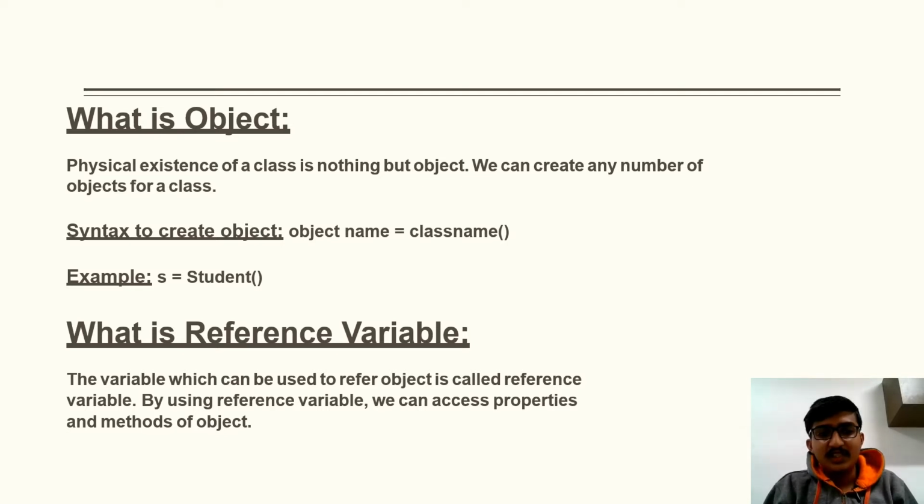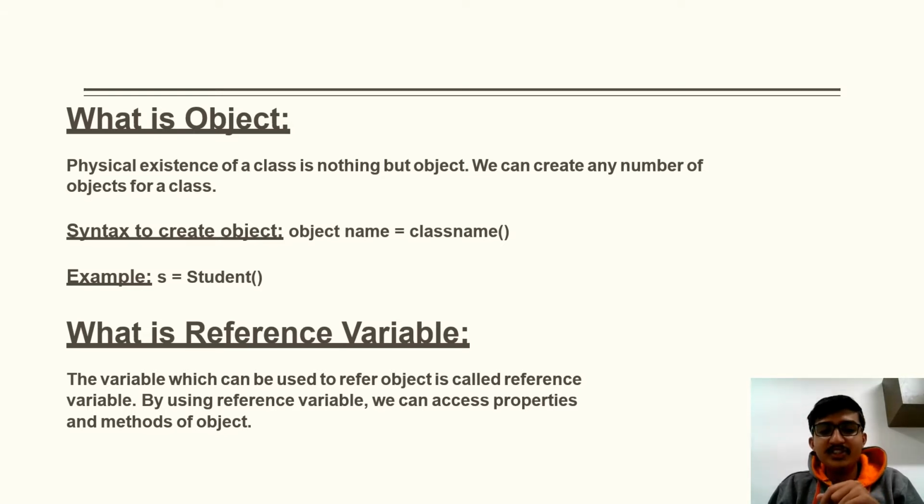Now in Python, we have a new kind of variable which is known as a reference variable. It is similar to the this pointer we have learned about in C++ and Java, but this is not a pointer. As we know, there is no concept of a pointer in Python.